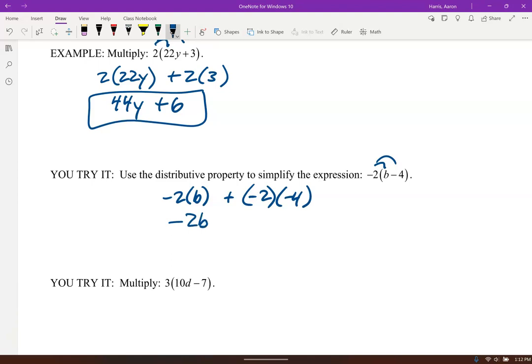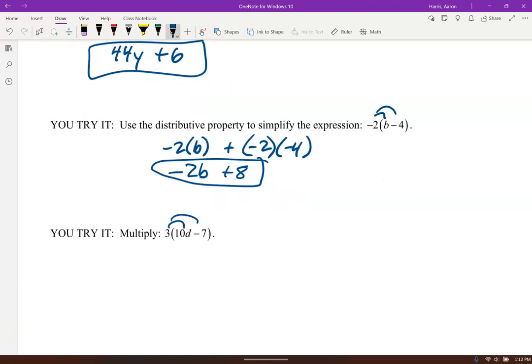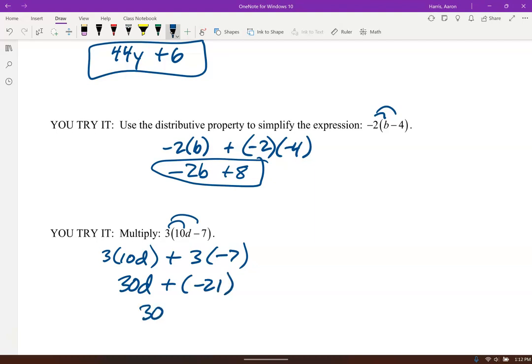So -2b plus -2 times -4 is a +8. 3 times 10d plus 3 times -7. So I got 30d plus a -21. And that's it. And guess what? Out of time.